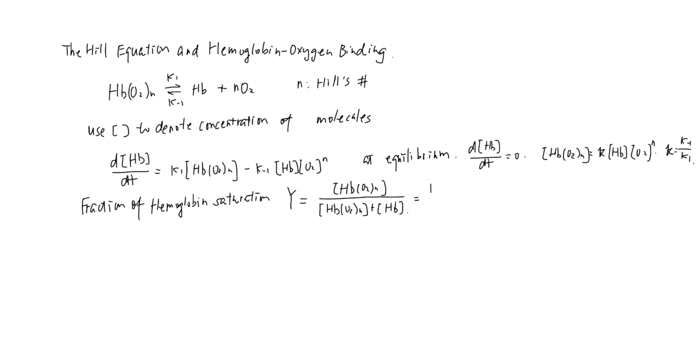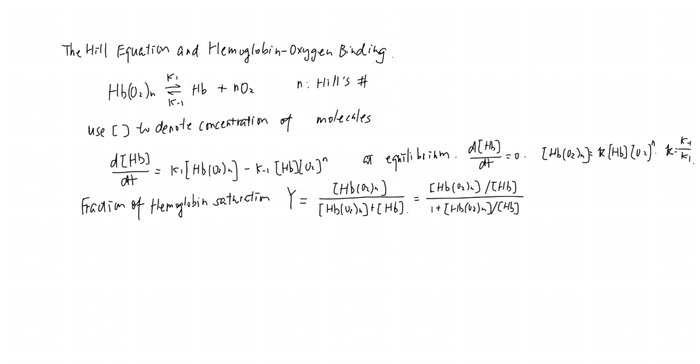In the numerator, you divide by this, and in the denominator you get 1 plus this ratio.